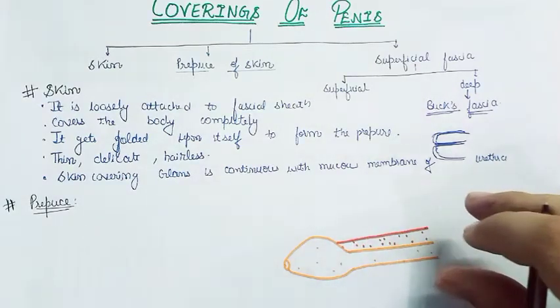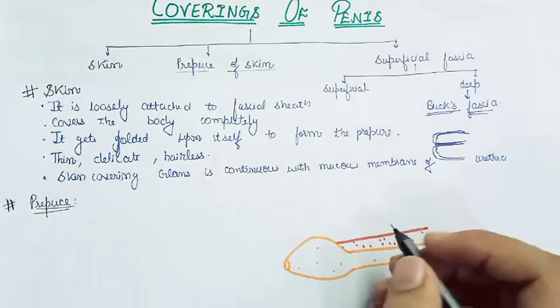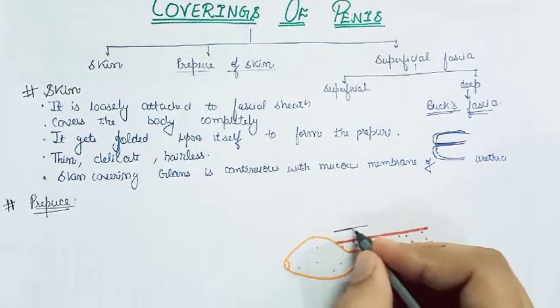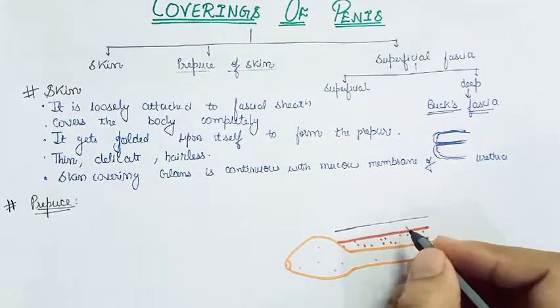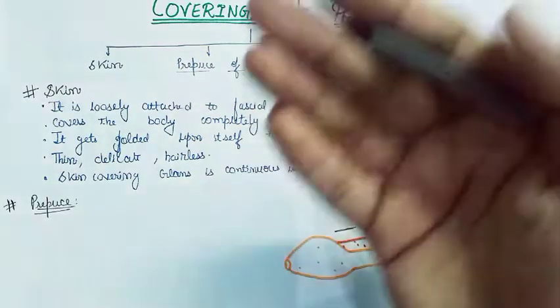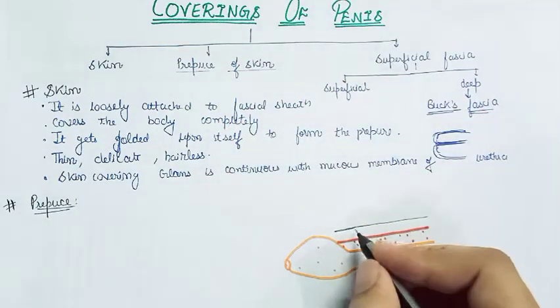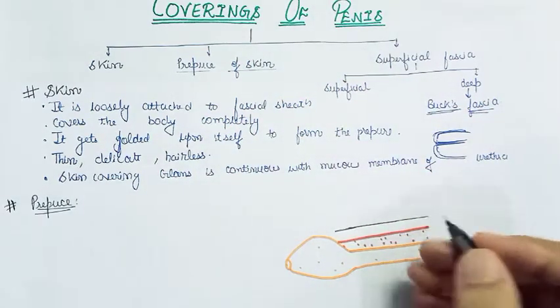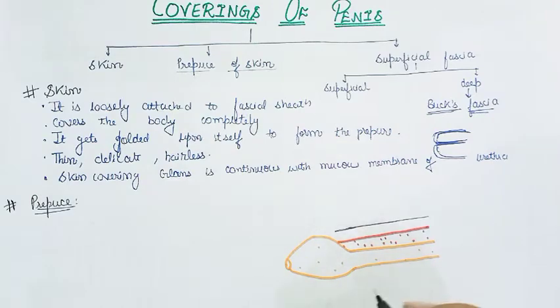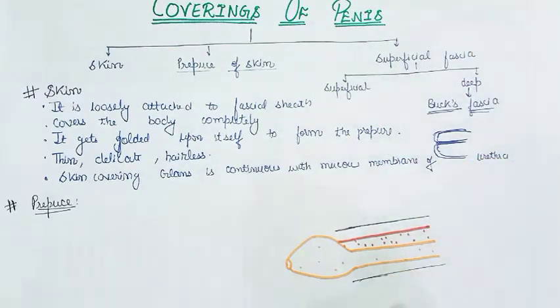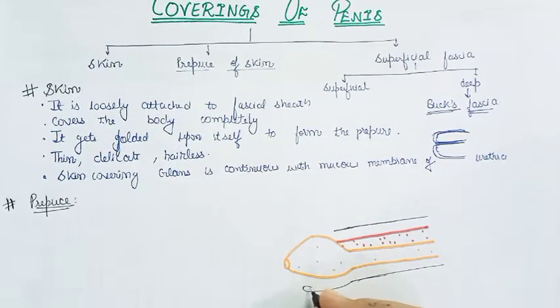So this body part is covered by the skin. There are more structures below that we will see through a transverse section in detail, but I am just leaving some space and drawing the skin. This is the skin covering both sides, actually all around the body, and then it gets folded upon itself to form the prepuce.